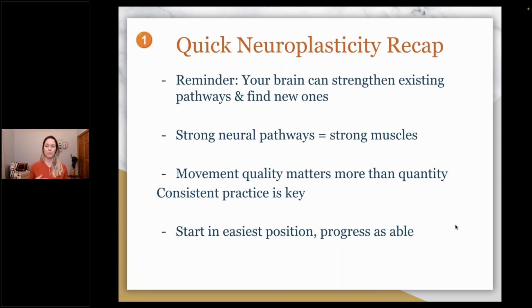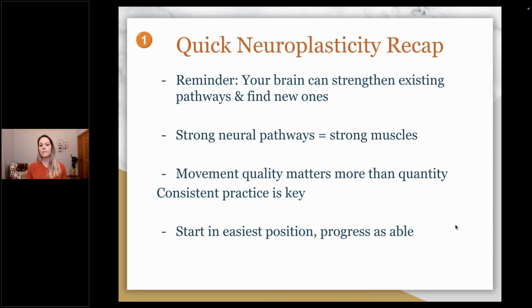Maybe it feels heavier, maybe it feels harder, maybe it doesn't move as much. That is a sign that your neural pathway for that muscle is there and it's working, but it's not as effective as it used to be. Neuroplasticity is the ability to strengthen that neural pathway so that it does get to be as strong as it used to be, or at least closer to where you are now.